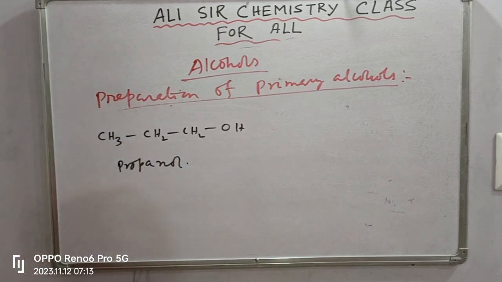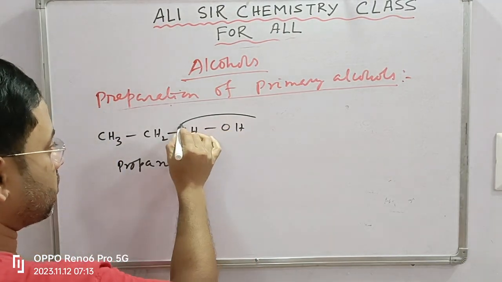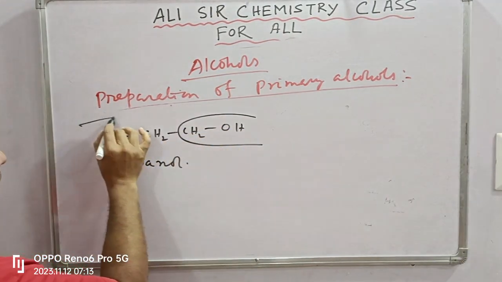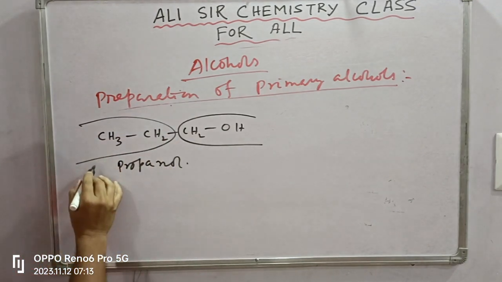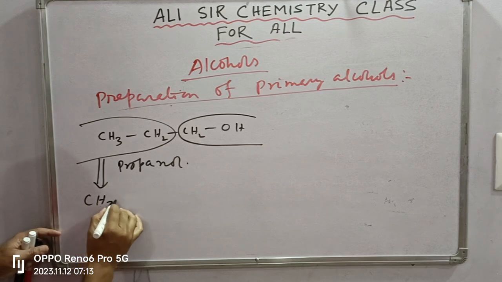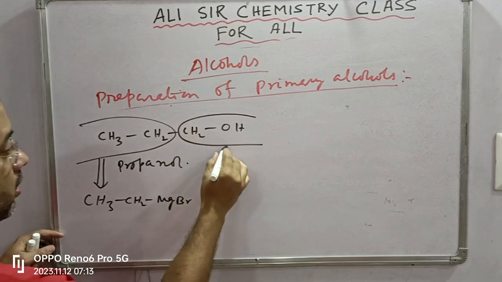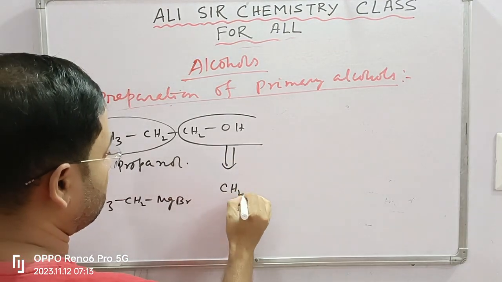So you apply your concept. This part is coming from formaldehyde, so cut it from here, and this part is coming from the Grignard reagent. So what will be the Grignard reagent? The Grignard reagent will be CH3CH2MgBr, and this is formaldehyde.